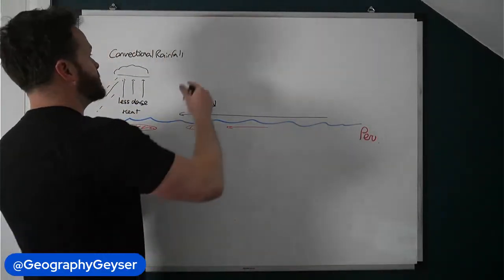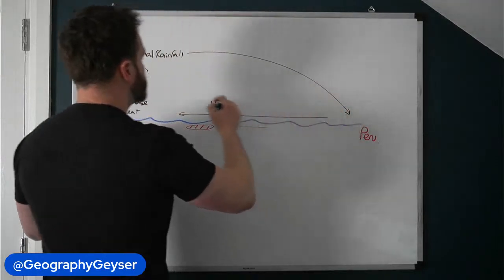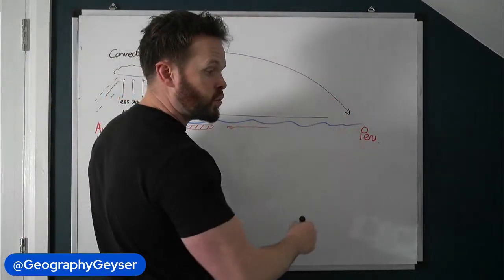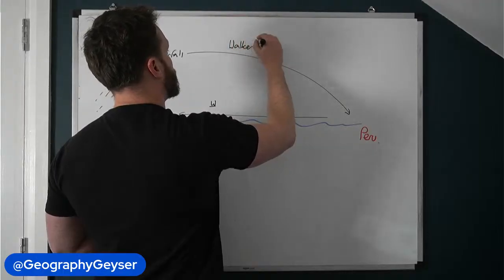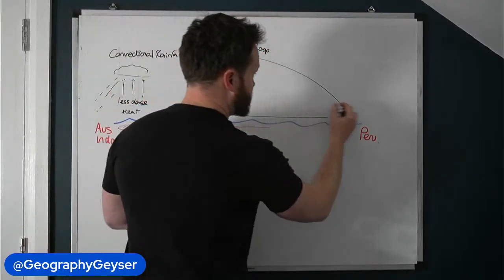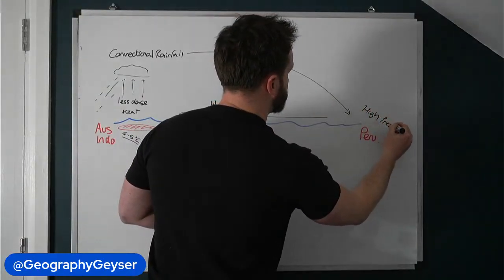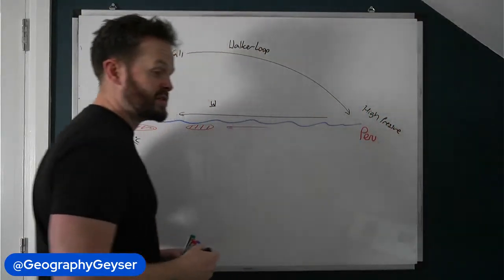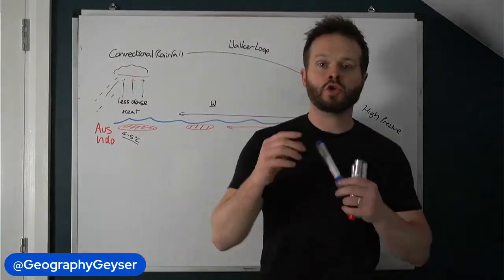And then, because of the way that air cells work, you will have air that returns towards Peru. Now, this is known as the Walker loop. So you have dry air that is descending and creates high pressure in Peru, so they have less rainfall. Now, the crucial terminology here is that this is a normal year.